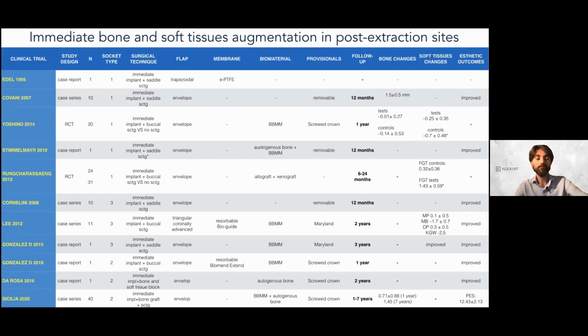Lately, we have an interesting paper from Alberto Sicilia of 2020. It's a case series of 40 patients, but we can say that all these trials show improved aesthetic outcomes, but the scientific evidence is still limited.